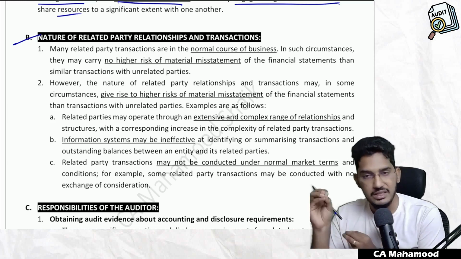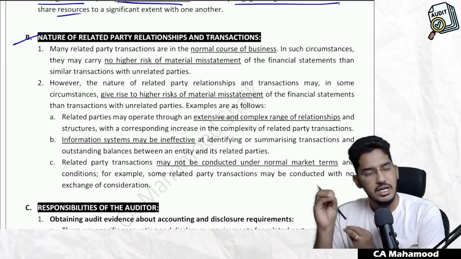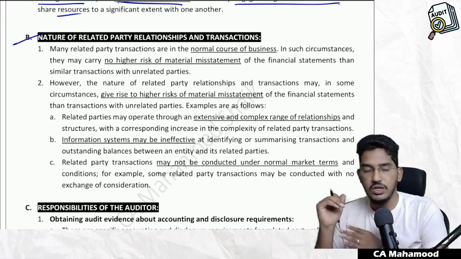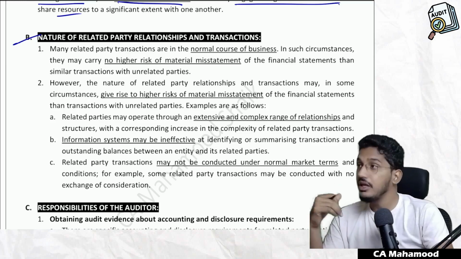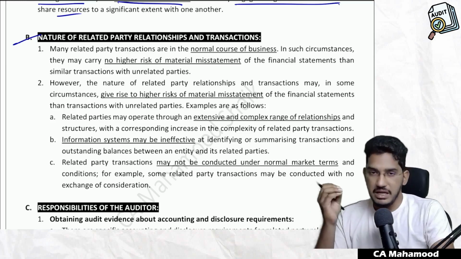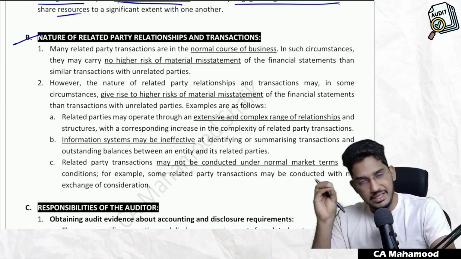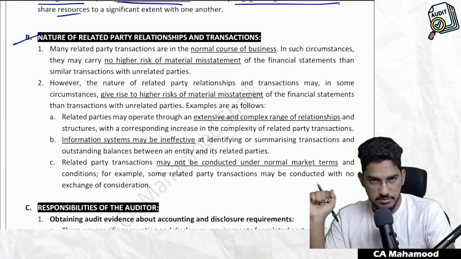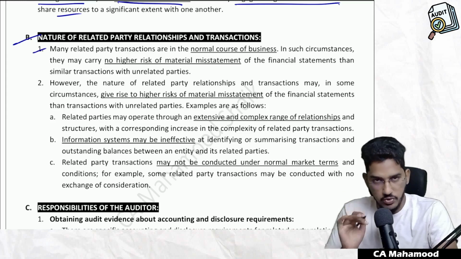So if you are doing transactions with related parties in the normal course of business on the same terms and conditions, whatever terms and conditions would be there for a third party, and you follow the same with the related party also, then they might not carry higher risk of material misstatement. So that's what they say in the first point.